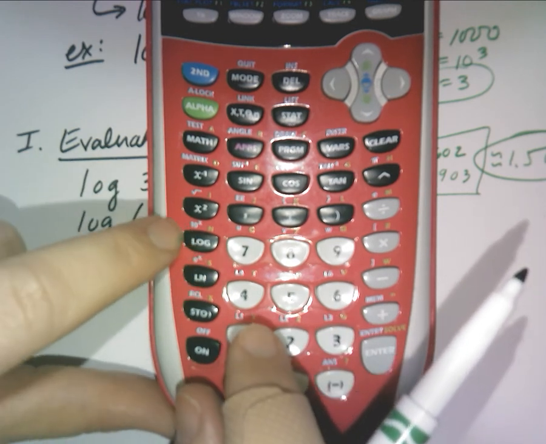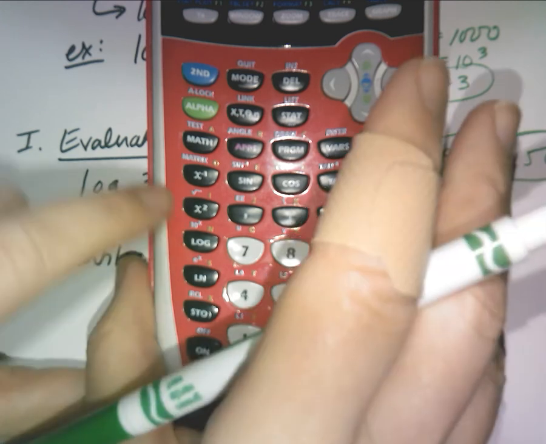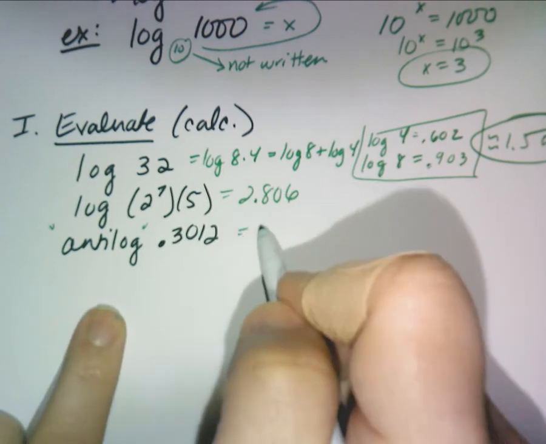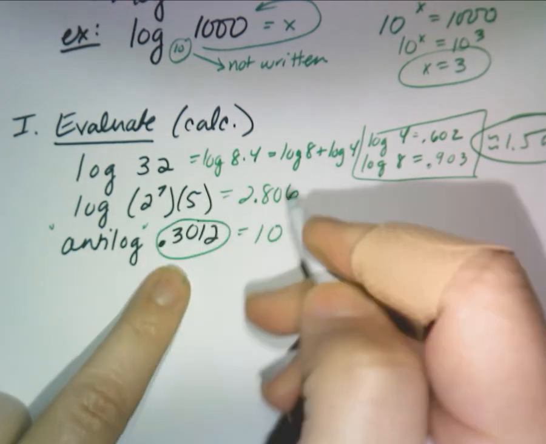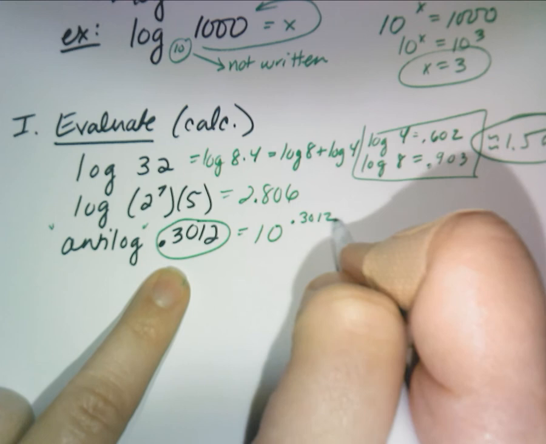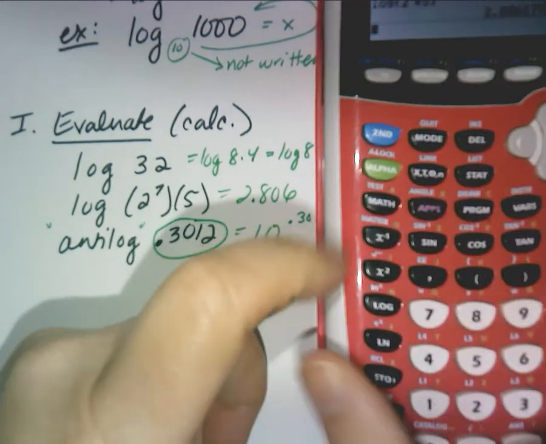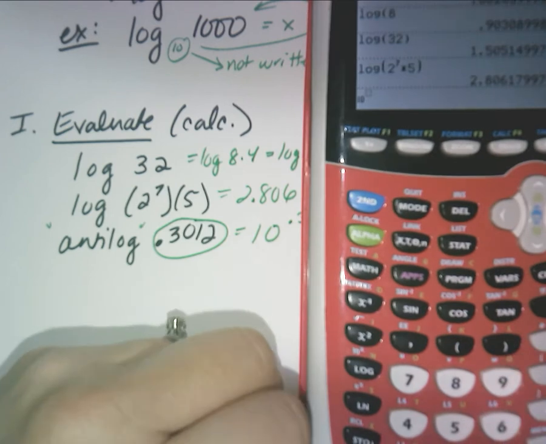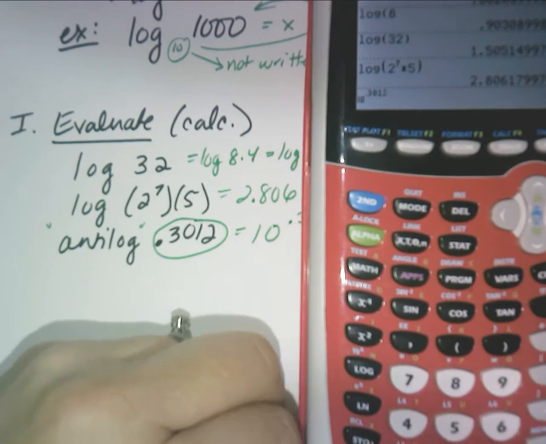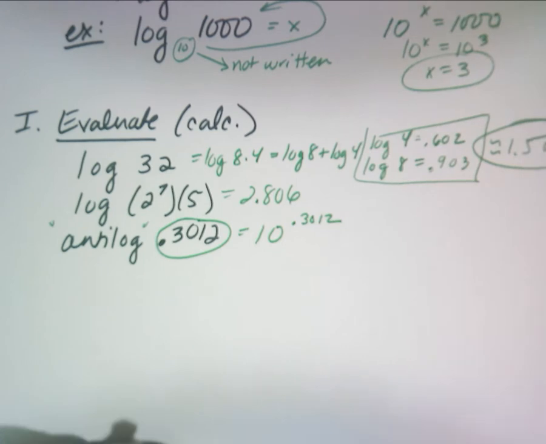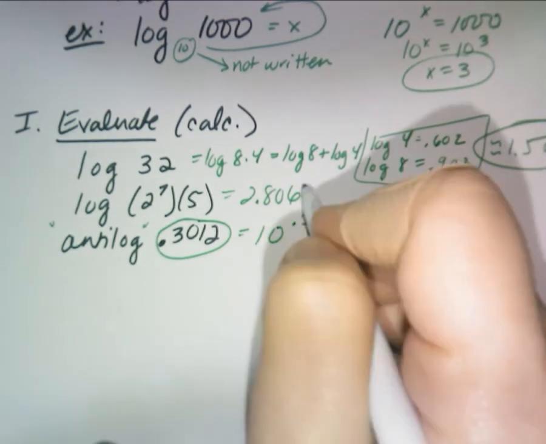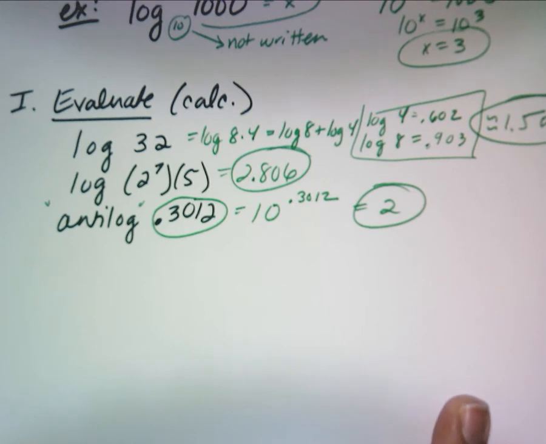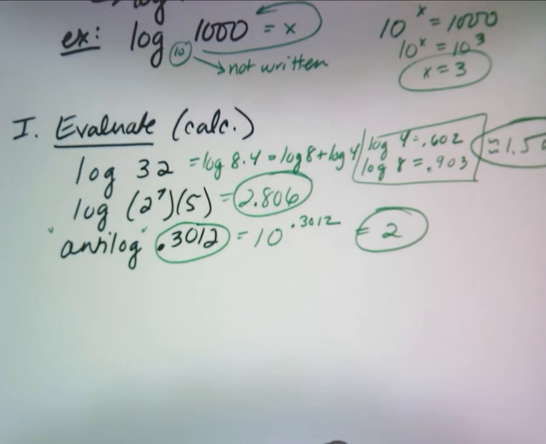And the inverse log is, do you see what that is? 10 to the x. So if you see the word anti-log, it just means do 10 to this power, 0.3012. They have that special button, 10 to the whatever. You could just type 10 to the 0.3012 and you get roughly 2. Okay. So very easy. The first part of homework tonight is just punch it in your calculator and understand how to do that.